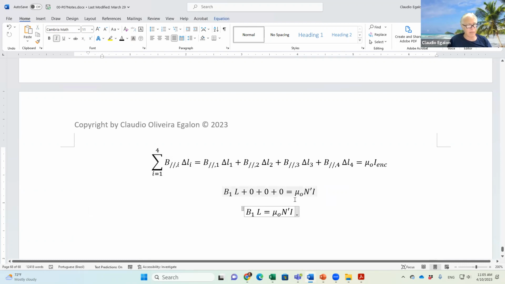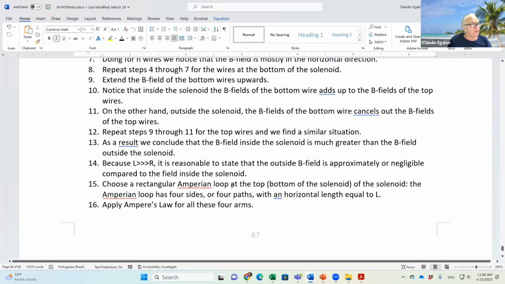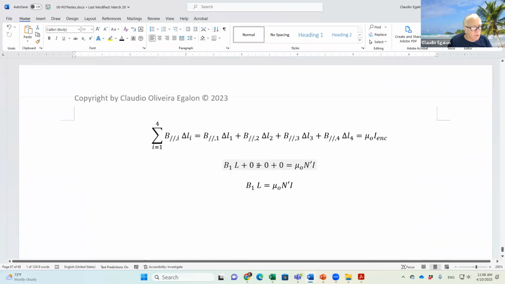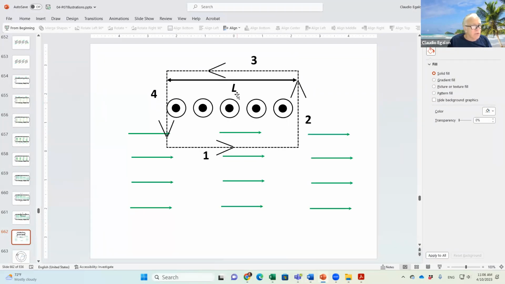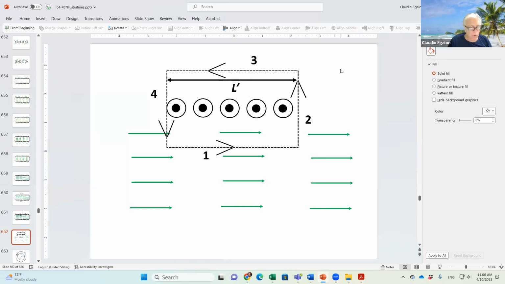There's one more thing that we can do, a mathematical trick here. Note that I told you that the solenoid has a total of N turns. I shouldn't be using this length here. I'm going to use L prime to distinguish from the length of the solenoid. Very important, L prime.